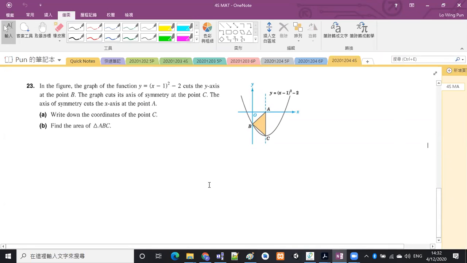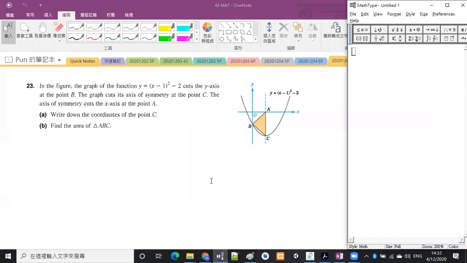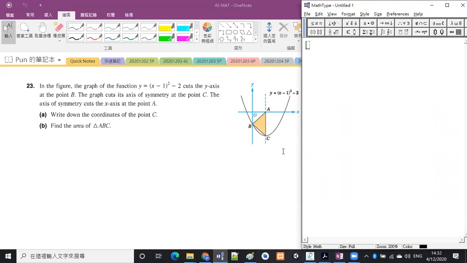In the figure, the graph of the function y equals (x minus 1) square minus 2 cuts the y-axis at the point B. So that is the y-intercept. And then the graph cuts its axis of symmetry at the point C. The axis of symmetry cuts the x-axis at the point A.